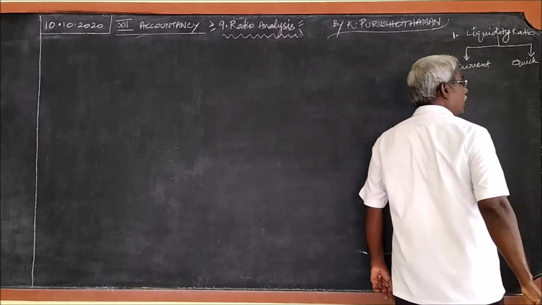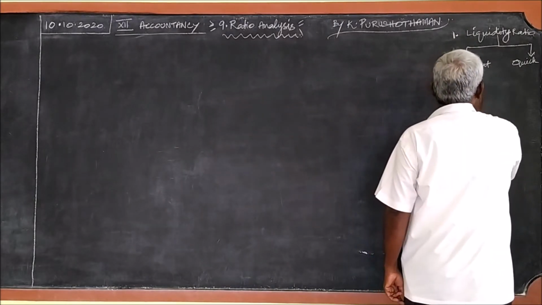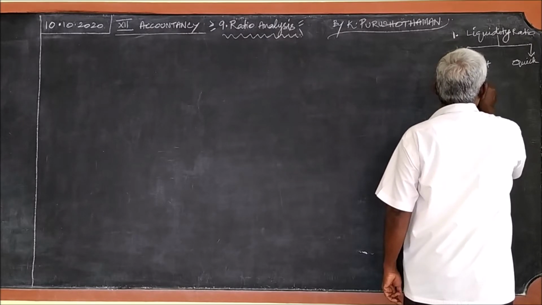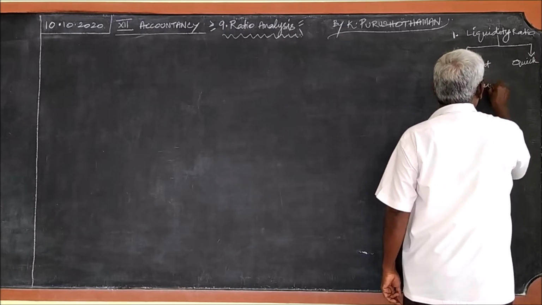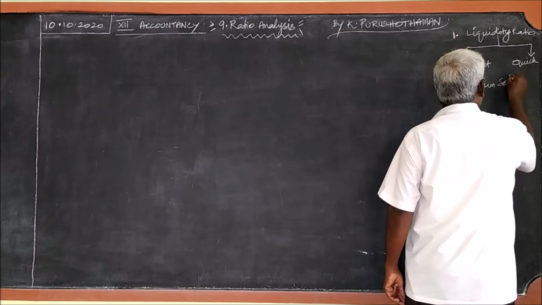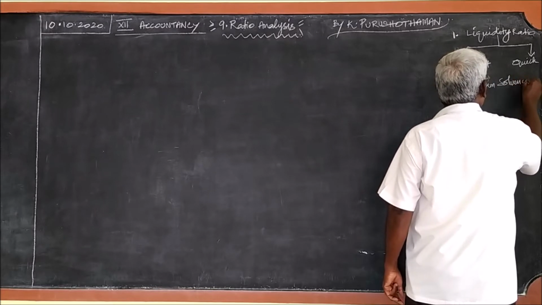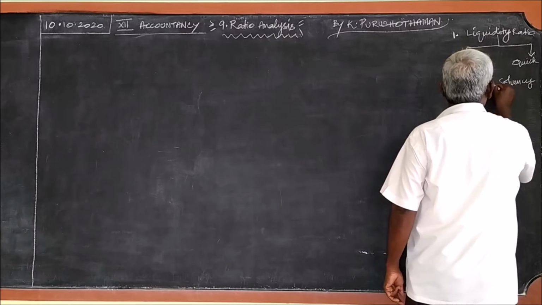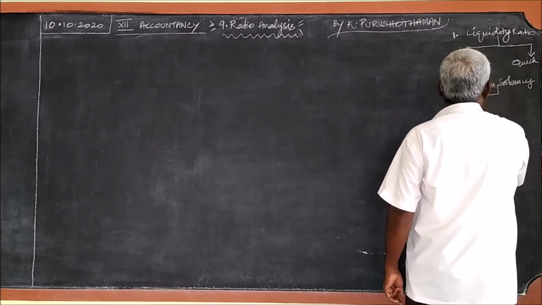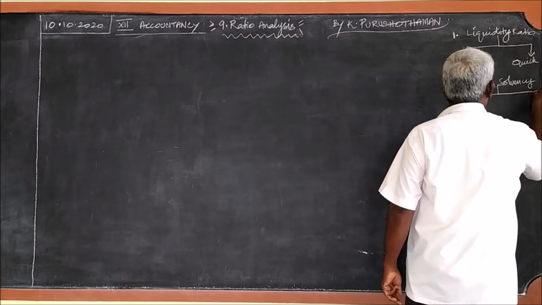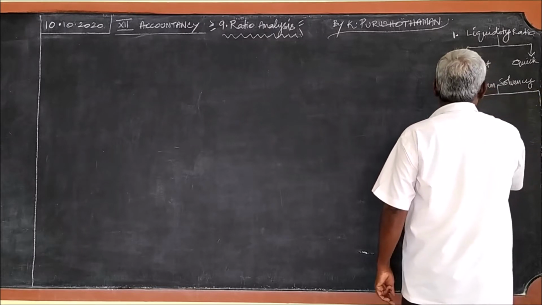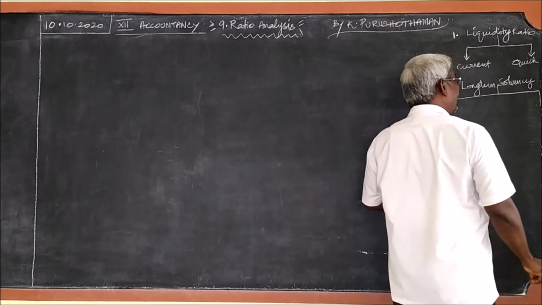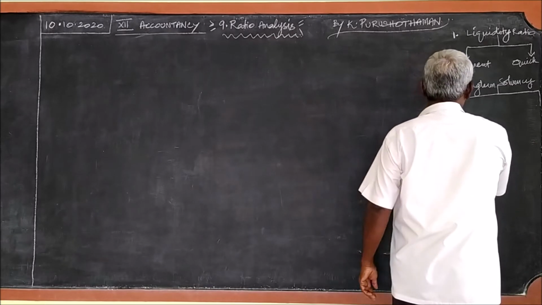Number two, long-term solvency ratio. There are three types under it. One is the debt to equity ratio.